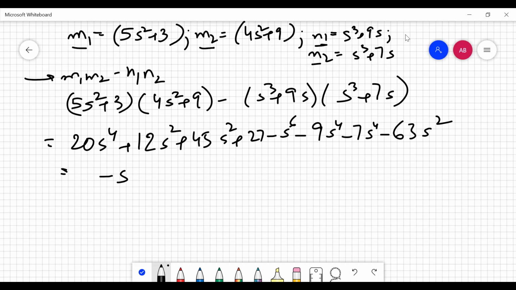So after simplifying, you are going to get this thing, and now I am going to put the value, replacing s with j omega.